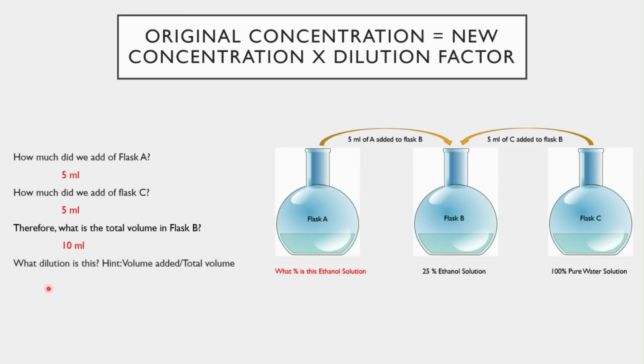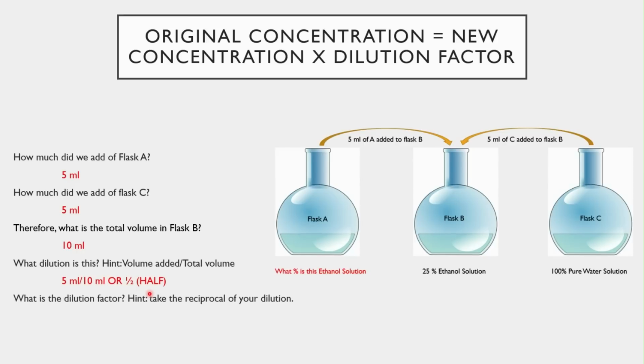And so what is the dilution of the original solution? Hint, it's the volume added divided by the total volume. See if you can figure it out. Well, the volume added was 5 mLs, and the total volume is 10. So it's going to be a dilution of 1/2.